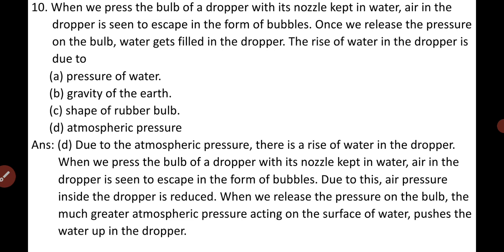Atmospheric pressure is acting everywhere. So the much greater atmospheric pressure acting on the surface of water will push the water inside the dropper. That is why the level of water will rise in the dropper when we release the pressure of the rubber bulb of the dropper. Clear? So this is the answer of question number 10. You can pause the video and you can note it down.